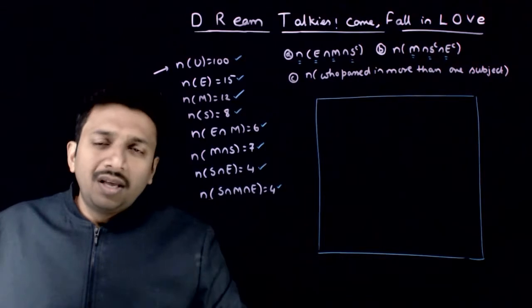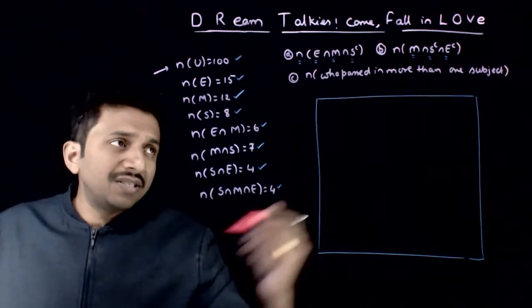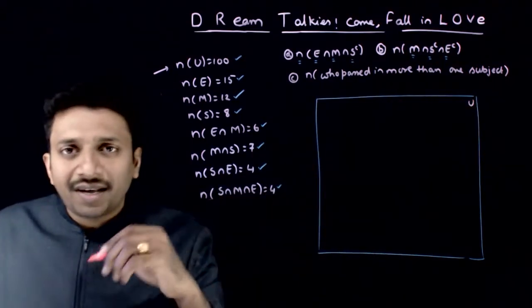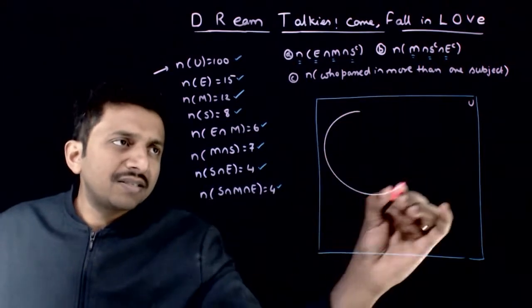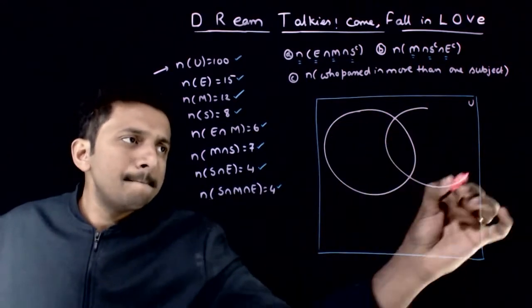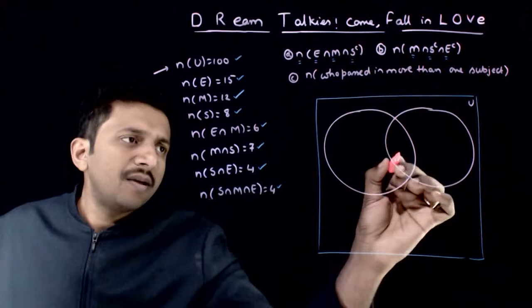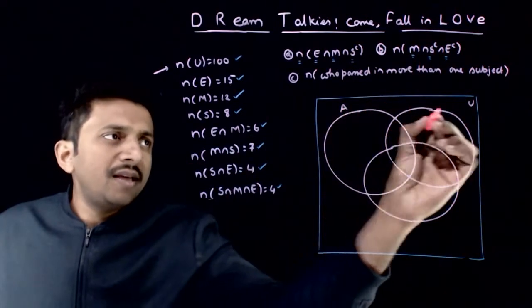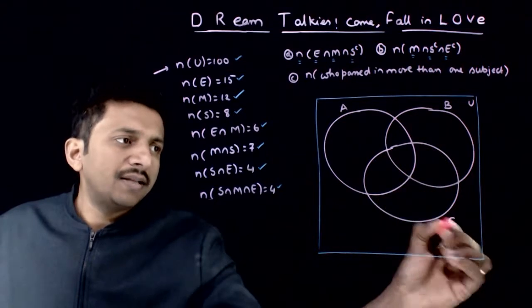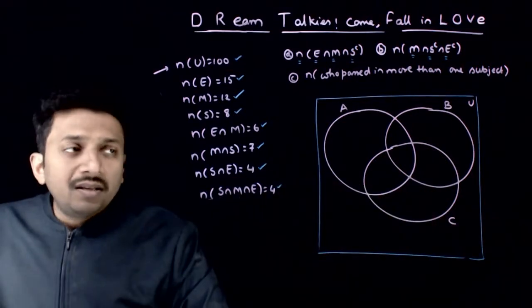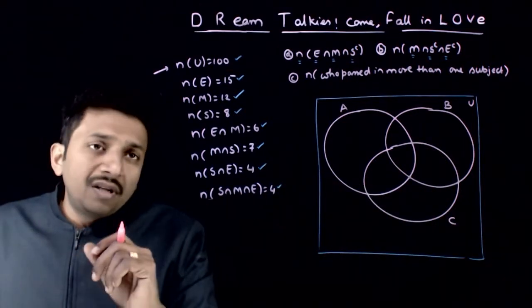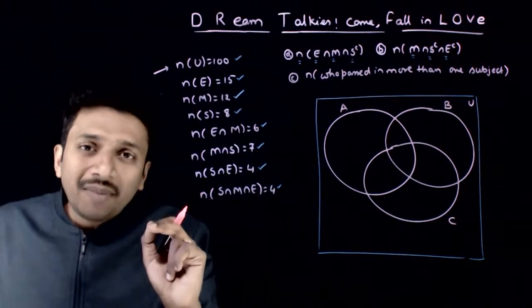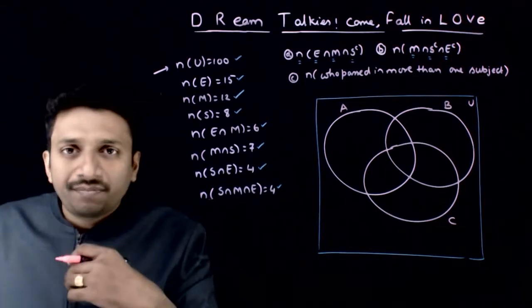So you have a universal set which is represented by the rectangle. You have 3 sets, A, B and C. Now, we know that the Venn diagram has to be filled from inside out.